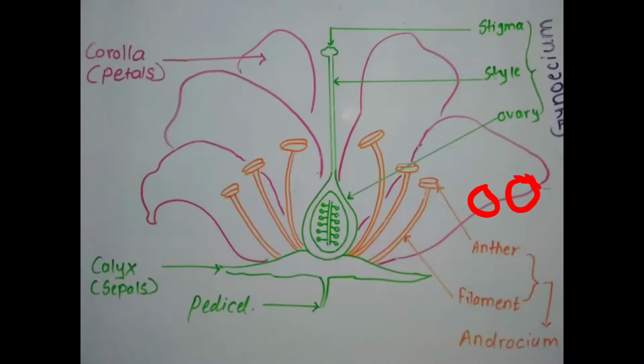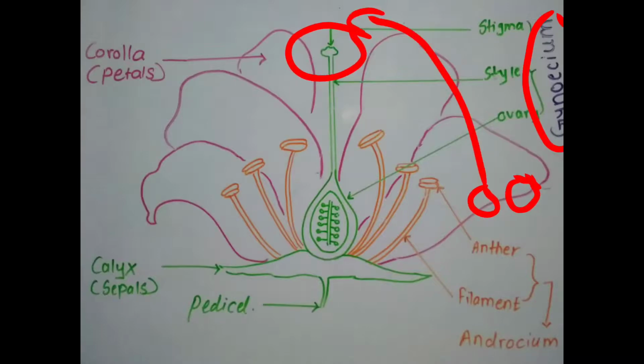Let's see about gynoecium, that is, the female reproductive organ. Gynoecium has three parts, that is stigma, style and ovary. What is the role of stigma? Stigma captures the pollen grain, meaning stigma provides a space for the pollen grains to settle on itself. Stigma produces a sticky substance when the pollen grain settles over it.